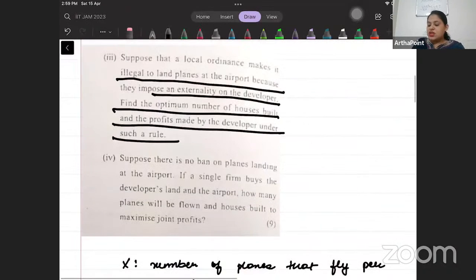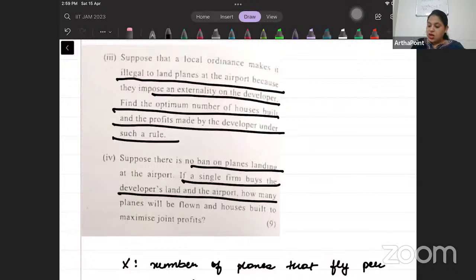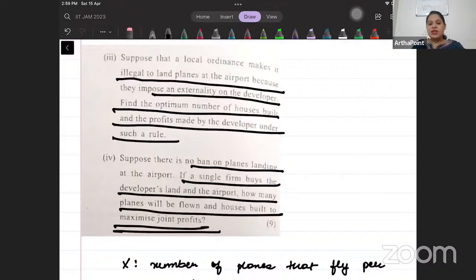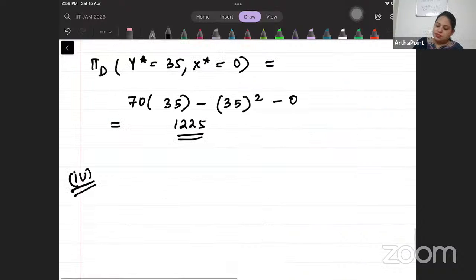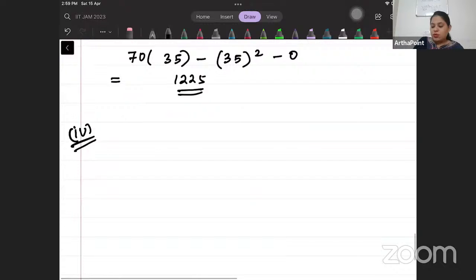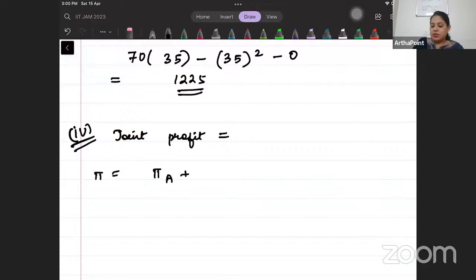It says, suppose there is no ban on plane landing, but a single firm has bought it. How many planes will be flown and houses built to maximize joint profit? So now we have to maximize the joint profit. So joint profit will be pi of airport plus pi of developer.